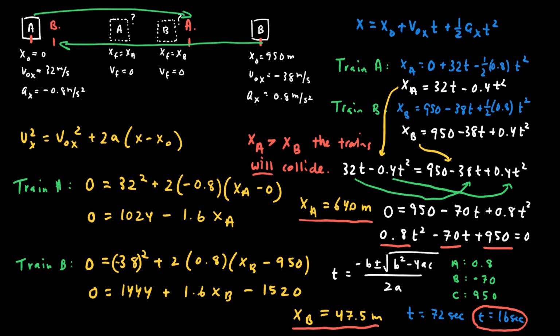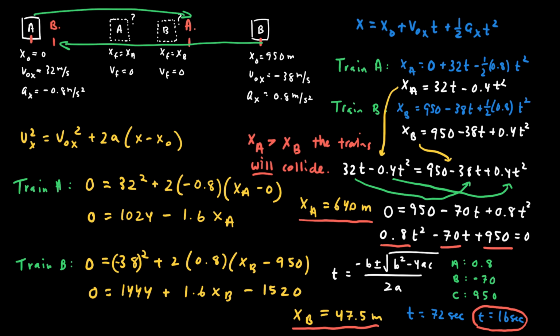But the problem here, and this is an interesting little piece of information when we're doing physics, is that the equations that we used and the quadratic equation do not know that the problem we are solving is about two trains on a track and that they're going to collide, and that once they collide they can't keep going.